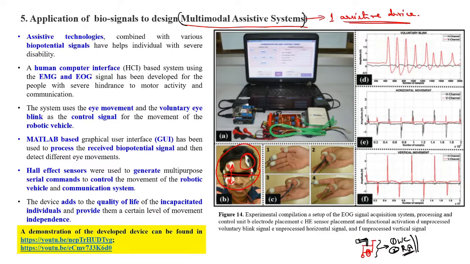However, if you look into the movement of the eyes, the movements of the eyes are very restricted. That means you can generate only a certain set of movements in the eye. That suggests that we will be having only a specific set of control signals.